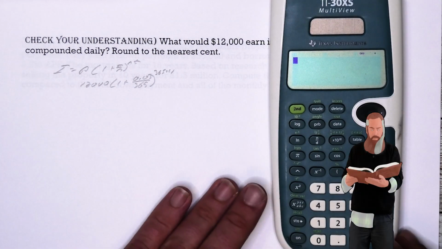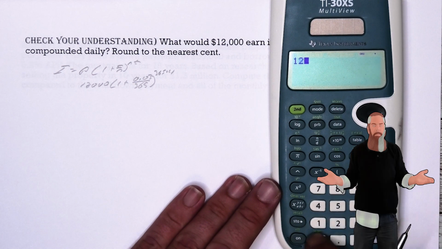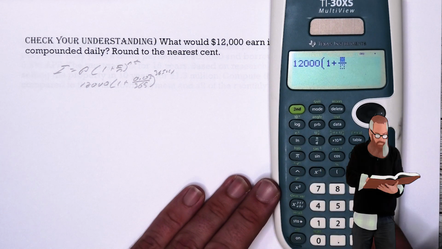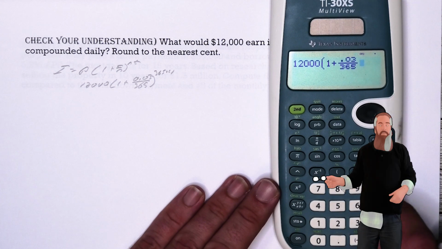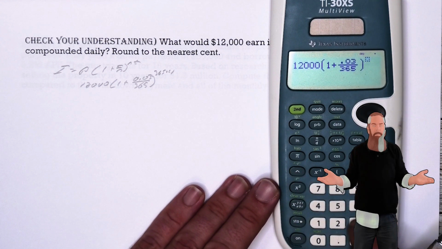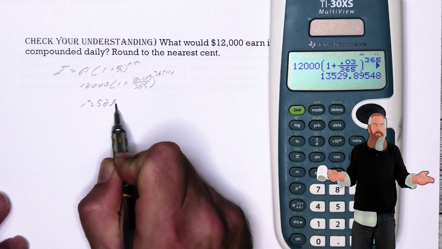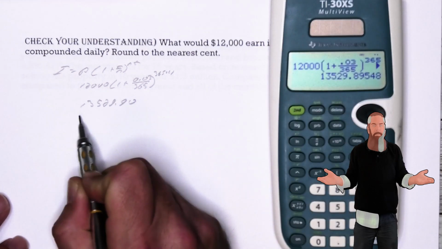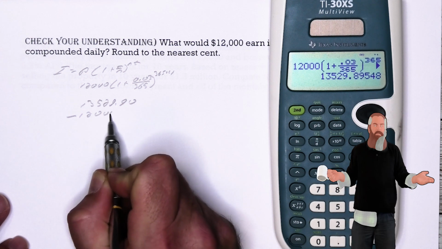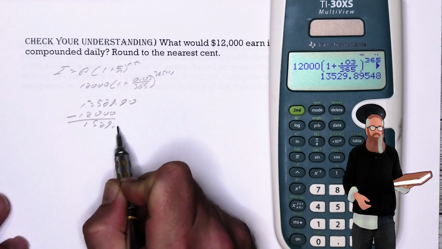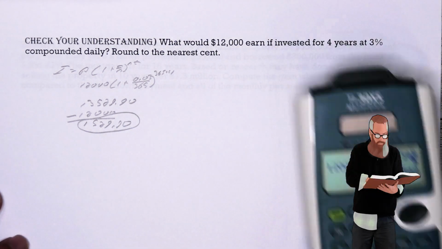Back to the trusty TI-30XS, and we do 12,000 parenthesis 1 plus fraction button 0.03 down arrow 365 right arrow to close the parenthesis, go to the exponent 365 times 4, and we get a total of $13,529.90. But don't forget to subtract the $12,000 that was initially invested, meaning $1,529.90 would be earned with compound interest.